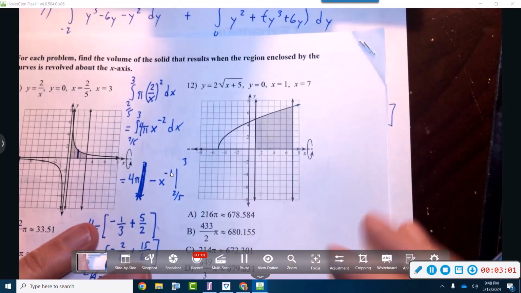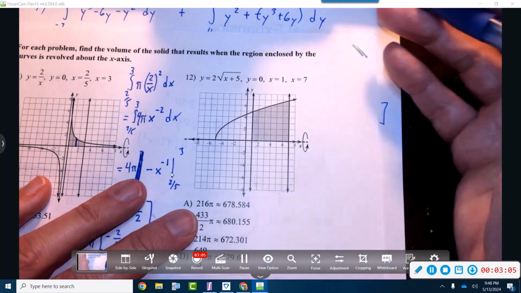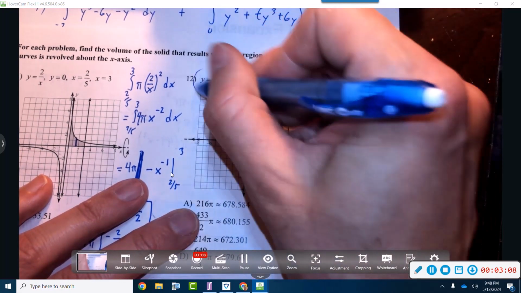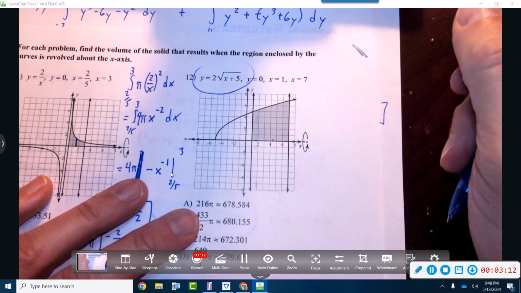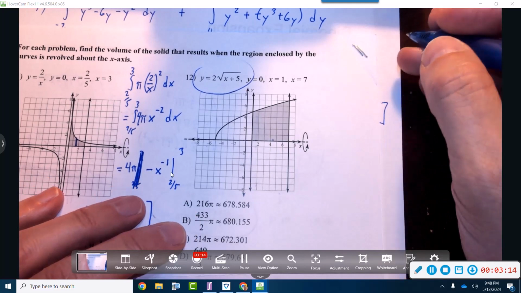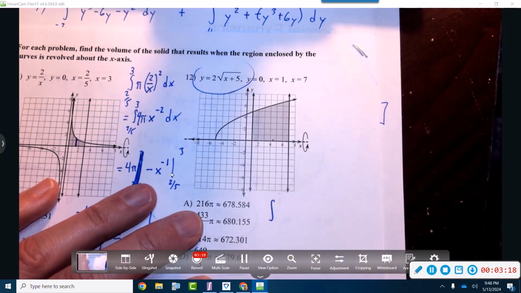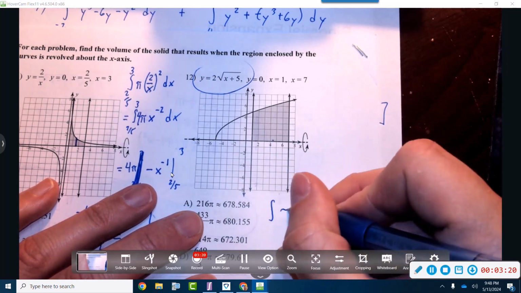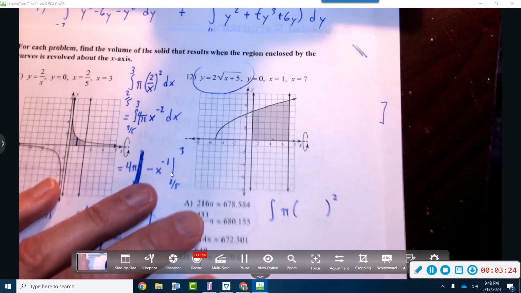All right, this guy is going to get spun around, and you'll notice that this is kind of nice. You've got this function here just subtracting 0. So that's perfect. Now what I've got is this really nice radius here, pi squared, okay?